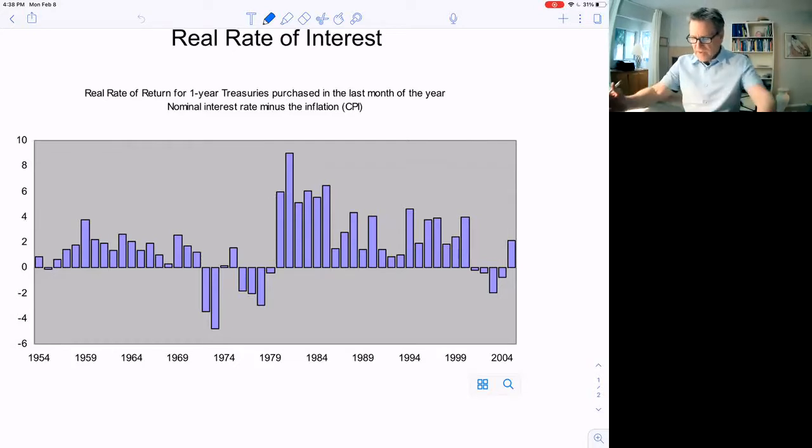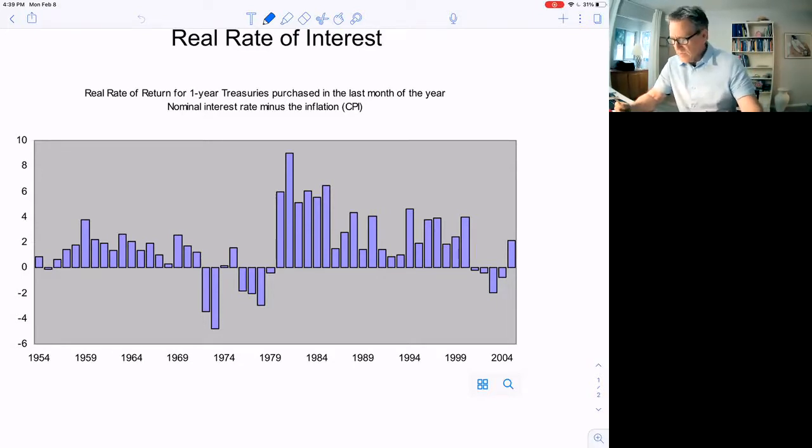So one thing to notice here from this graph is the real rate is not constant. It bounces around quite a bit. And you can also see here, there are times when the real interest rate is negative. Like in the 1970s, real interest rates were very low and into negative territory. And then in 1980 or thereabouts, real interest rates were very high, almost 10%.